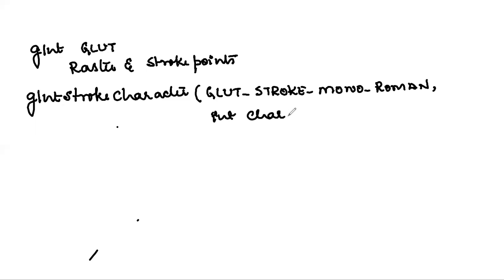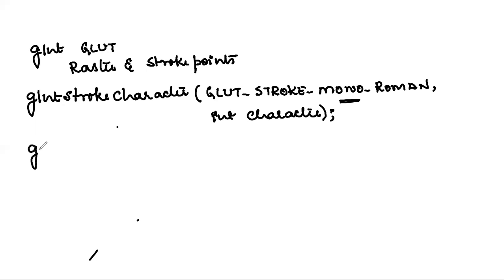This will take the arguments GLUT_STROKE_MONO_ROMAN, followed by int character. This basically provides the proportionally spaced characters. So if you want that, then we can make use of it.